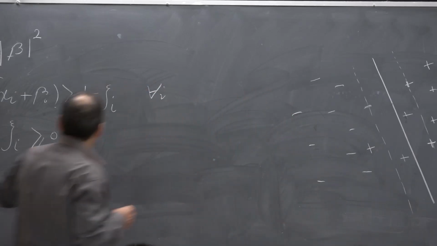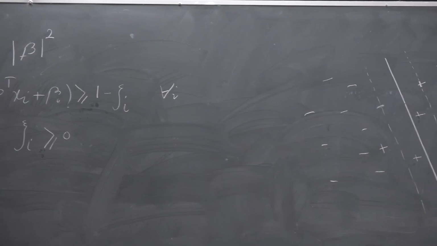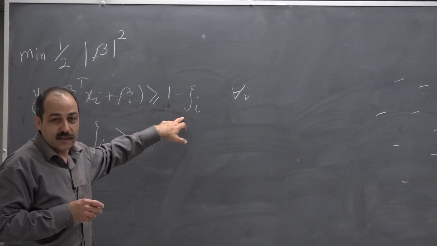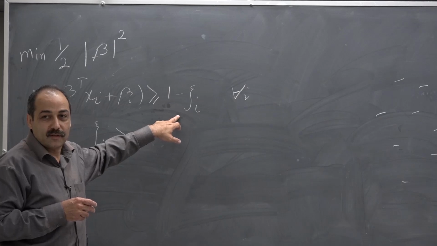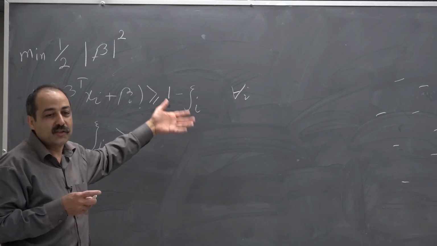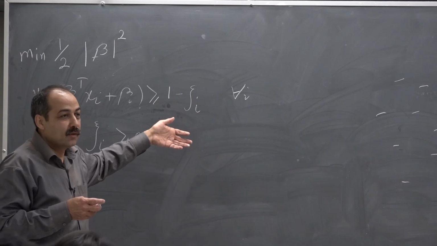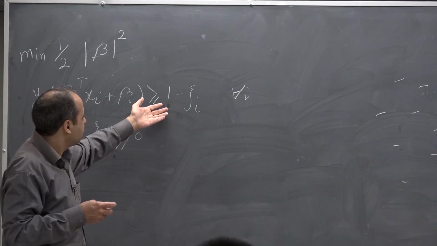But if I just solve this optimization problem, this constraint doesn't mean anything anymore. It's not really a constraint anymore, because I allow points to be less than 1.